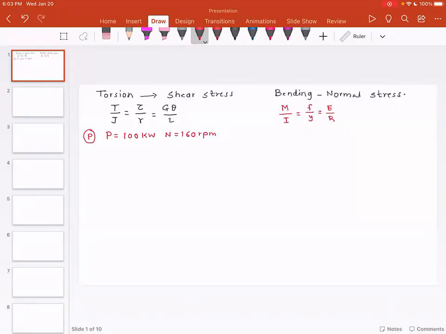Now we have to find out the diameter of the shaft, assuming the starting torque is 25% of nominal torque.